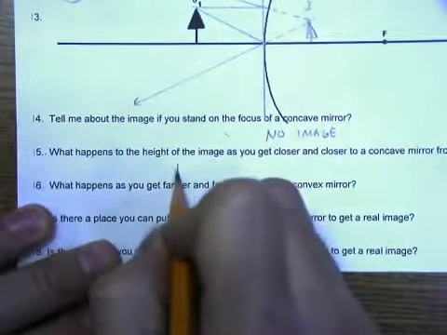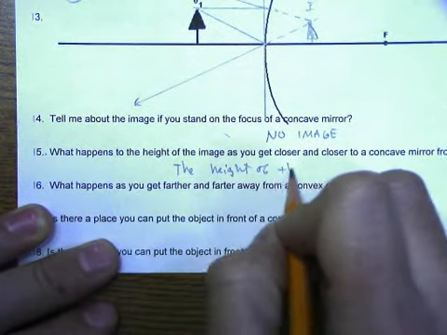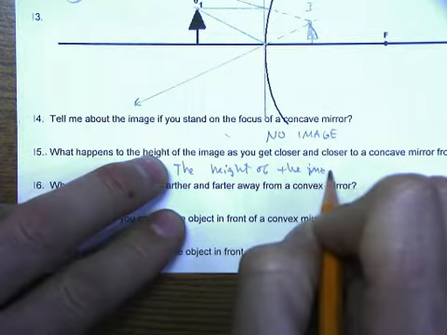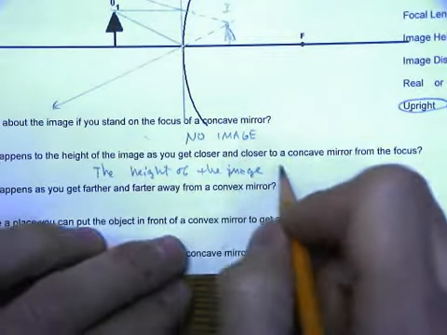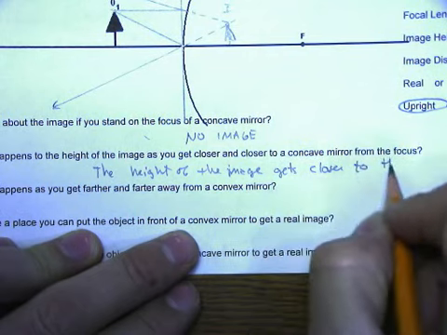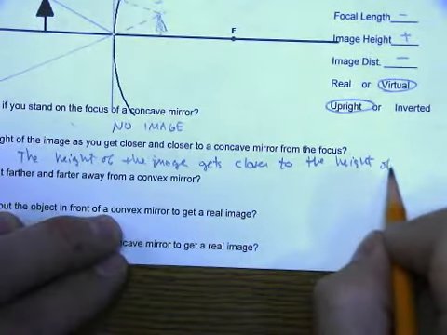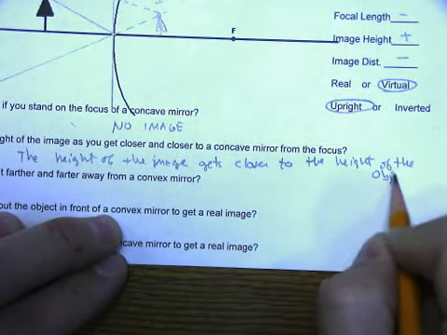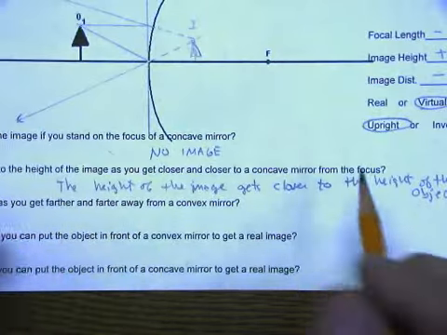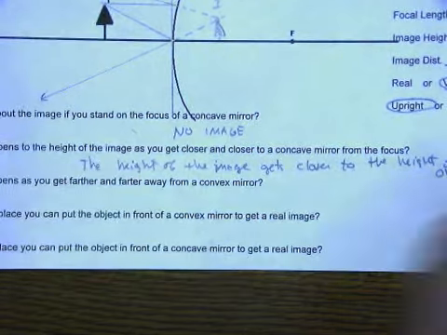So what happens to the height of the image? It gets closer to the height of the object. It gets closer to it, but it will never actually reach the height of the object.